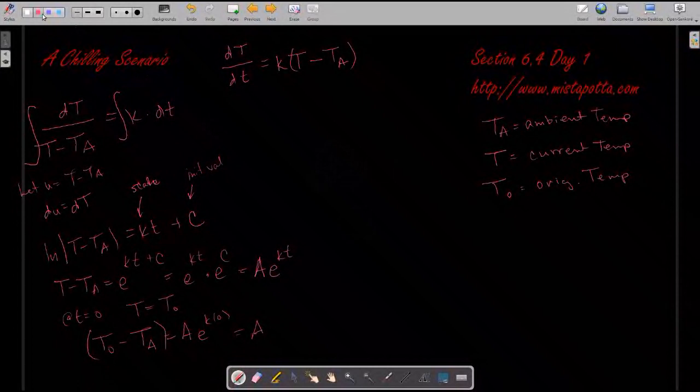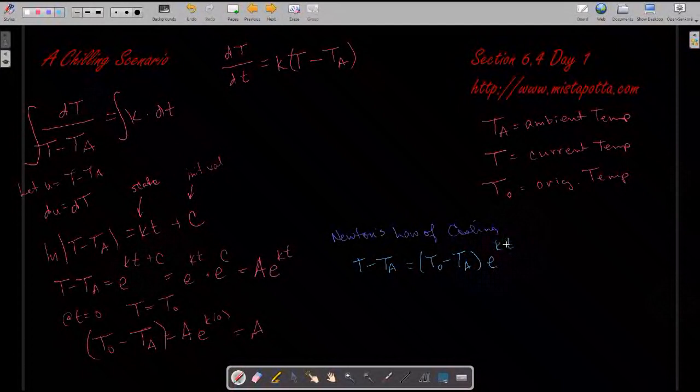And so what we have here is Newton's law of cooling, which states that the difference between the current temperature and the ambient temperature is equal to the difference of my original temperature minus my ambient temperature times e to the k times time power.